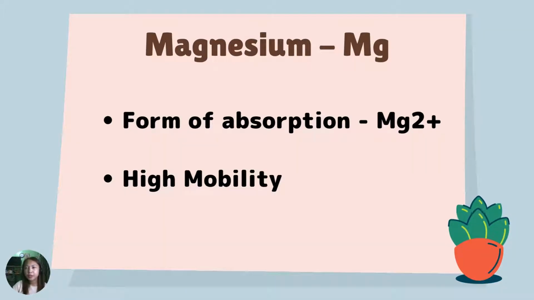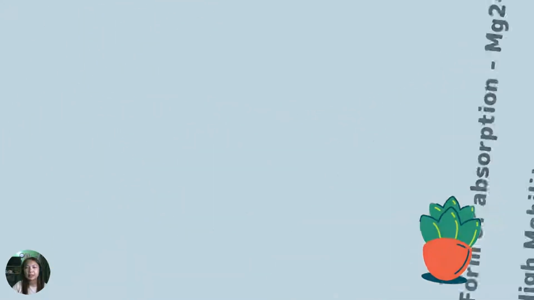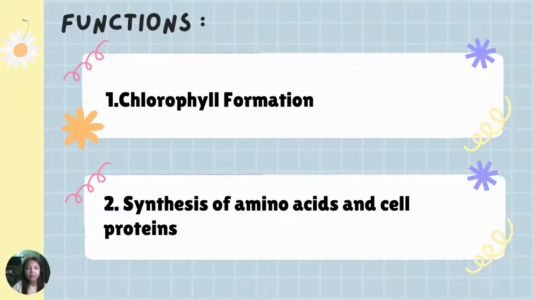The form of absorption is through the magnesium ion, and it also has high mobility. Magnesium ion and high mobility mean fast movement of molecules inside the plant. For the function, it is responsible for chlorophyll formation in plants, so the formation or production of the green color of plants.